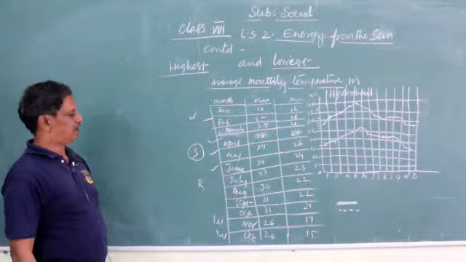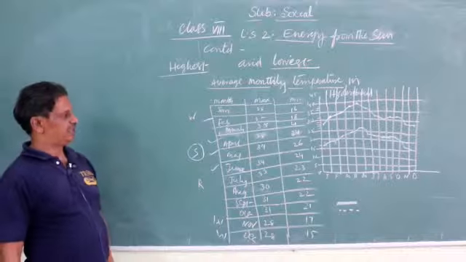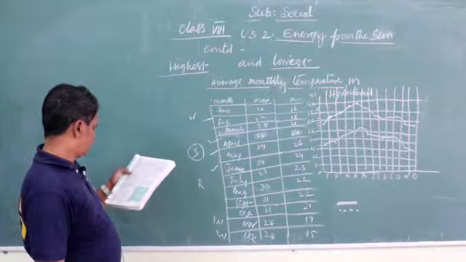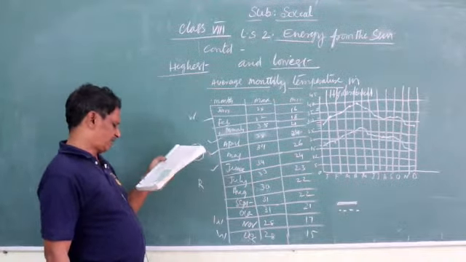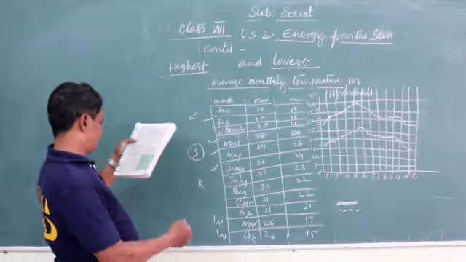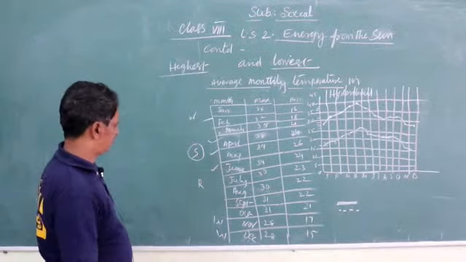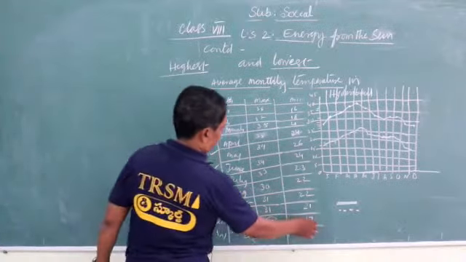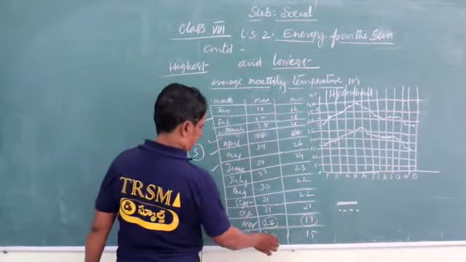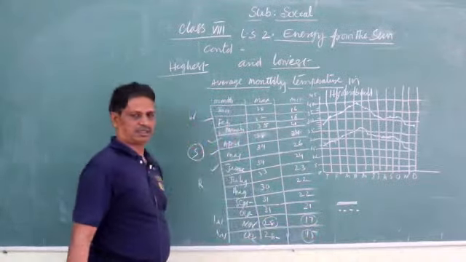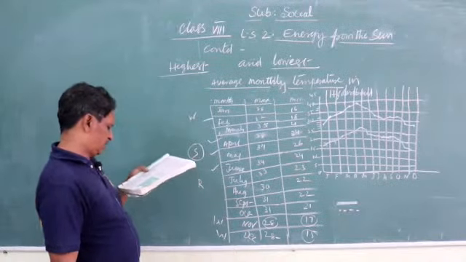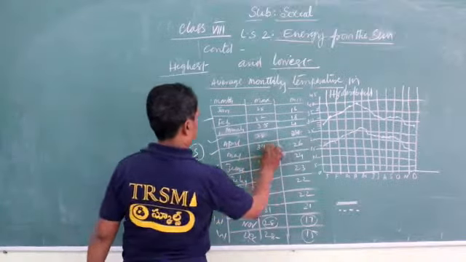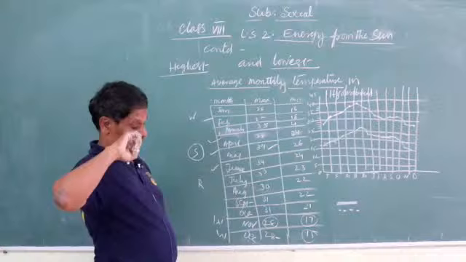Okay, so this is the record of the average monthly temperature in Hyderabad. See here, some questions are given. How cold does it usually get in November in Hyderabad? 28. Next one is, which month has the highest maximum temperature in Hyderabad? May, 39 degrees.